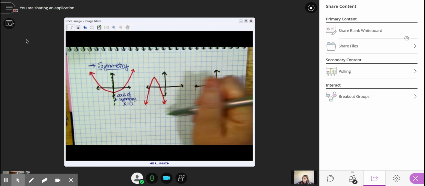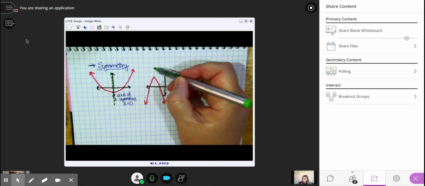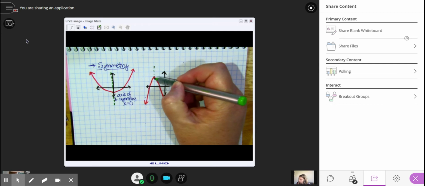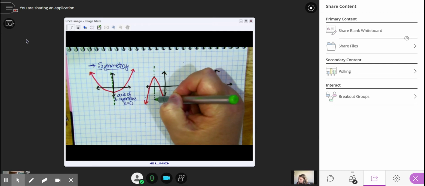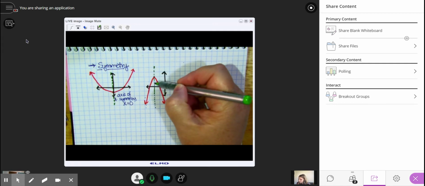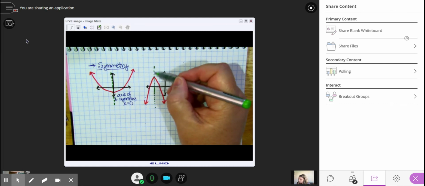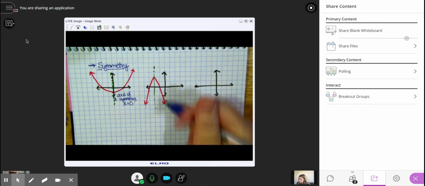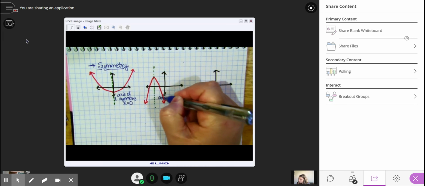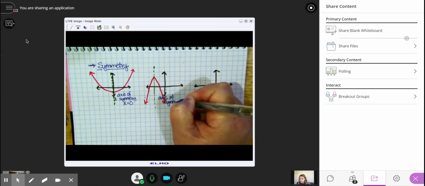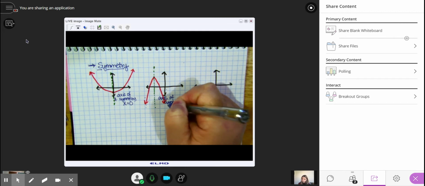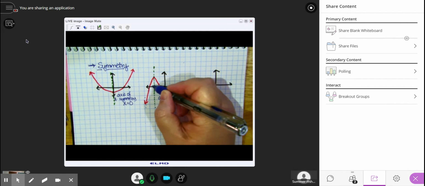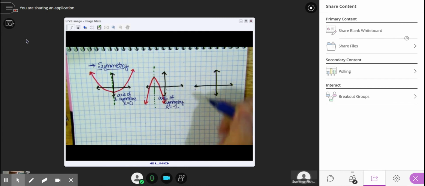Here I have a second example, and you can see the axis of symmetry gets moved. The axis of symmetry is now through the top here, and now that axis of symmetry is at x is equal to -2.